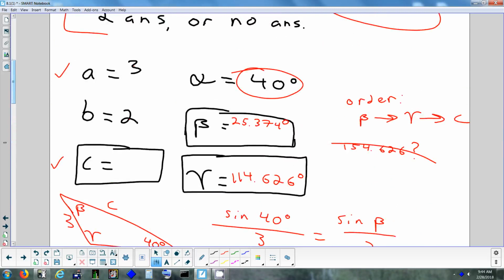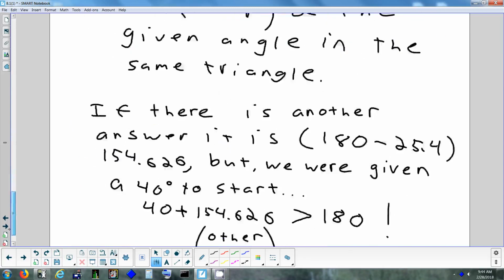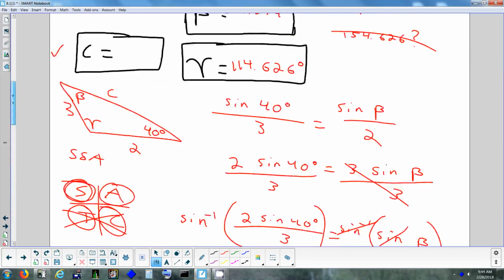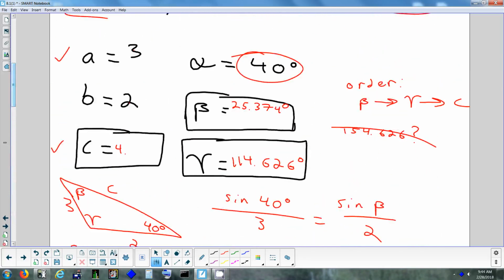So the answer is between 3 and 5. Type that in. 4.243. And that's a side-side-angle.